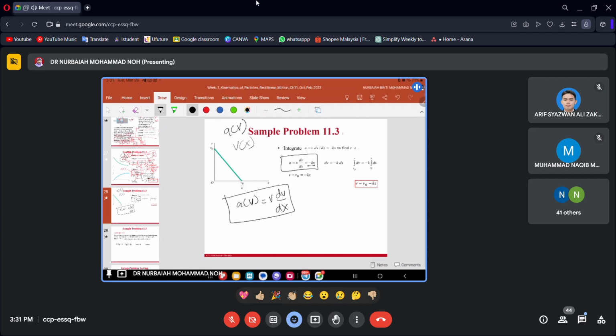Then we have to exchange these positions sebab kita kena kumpulkan mengikut parameters dia. So kita ada v dv over v equal to negative k dx. So ini kita boleh simplify kan. So kita ada dv equal to negative k dx. Alright, then kita integrate.